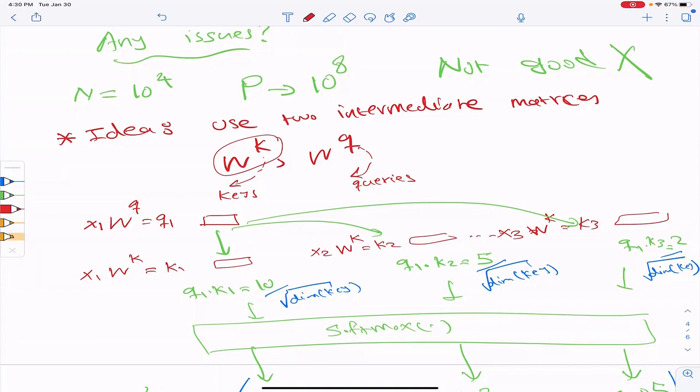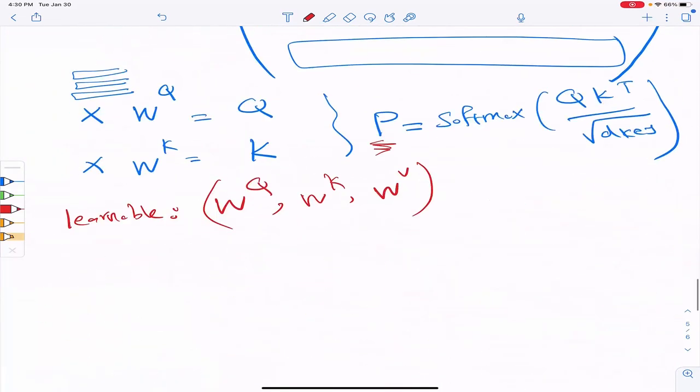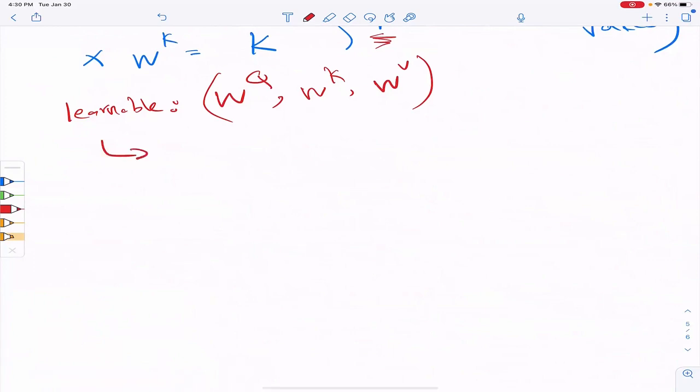But the same matrix is applied to different X's, right? So it really doesn't depend on N, the number of tokens you have. Same for the other matrix, WQ. Therefore, we basically got rid of the dependence on the number of tokens in our attention matrix. No dependence on n, which is the number of tokens.